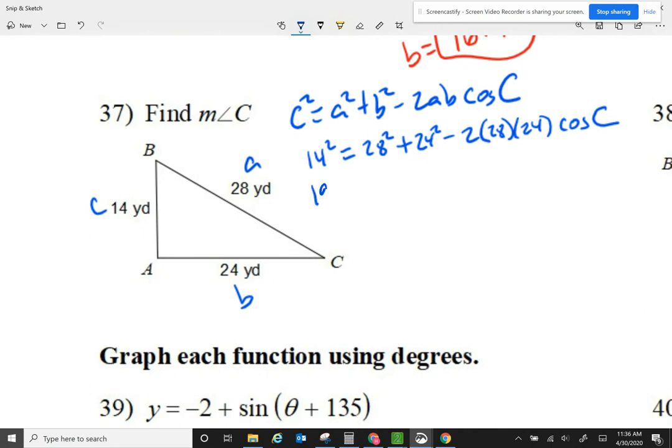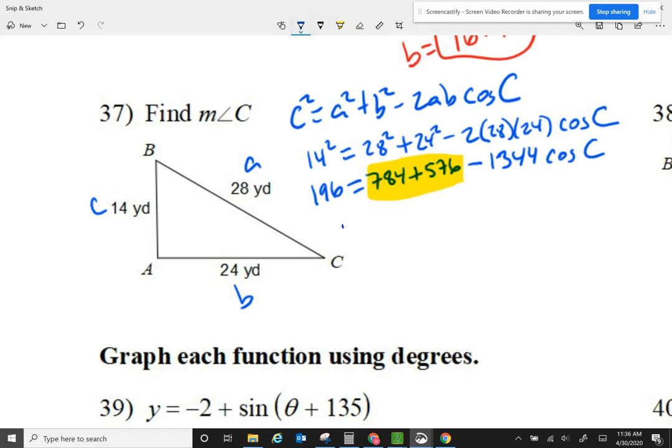I have 196 equals 28 squared is 784. 24 squared is 576 minus, now 2 times 28 times 24 is 1,344 cosine of C. Let me simplify even more. 784 plus 576 is 1,360.